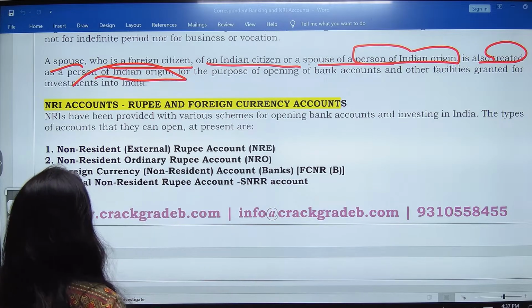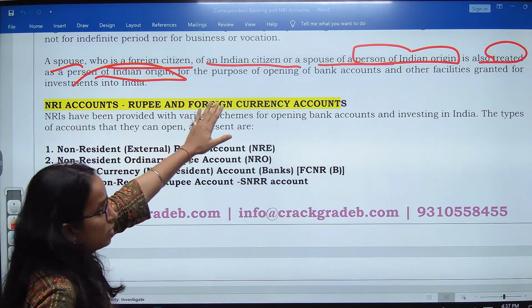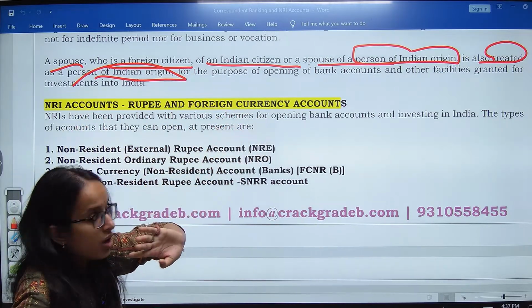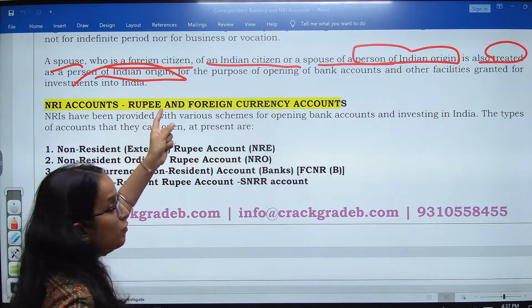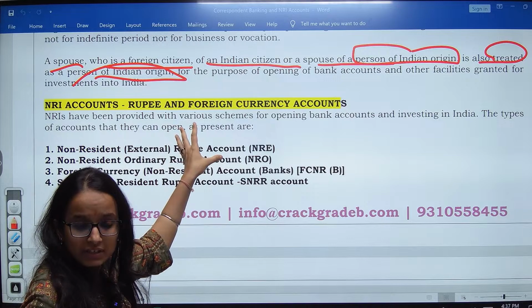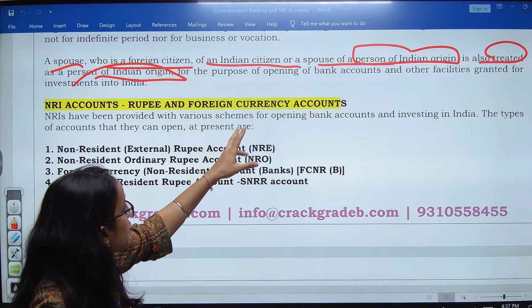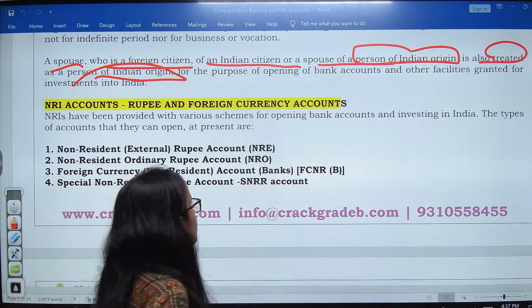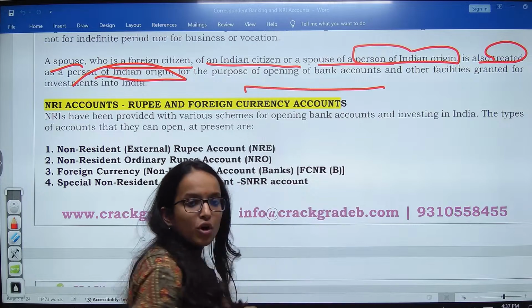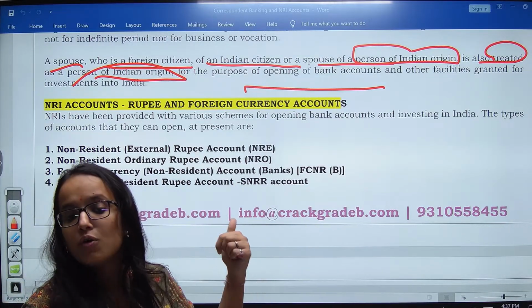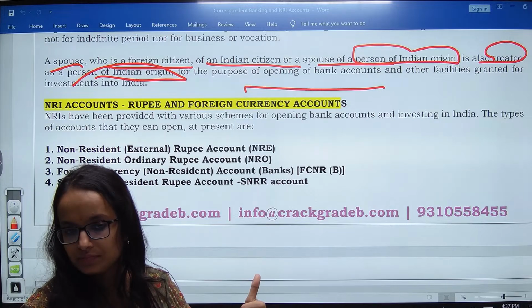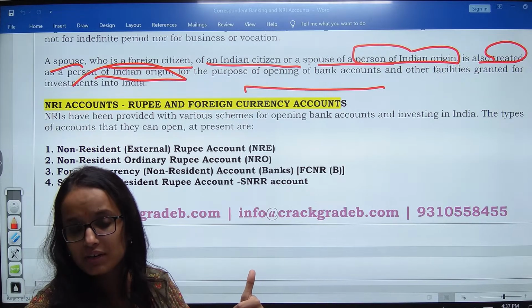Remember, a spouse of an Indian citizen or spouse of a PIO will also be treated as PIO. For which purpose are we saying this? For the purpose of opening up a bank account. Remember, not for the purpose of taxation. Are you able to understand this?